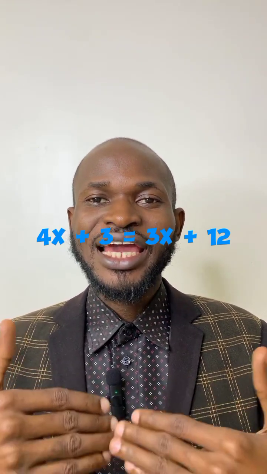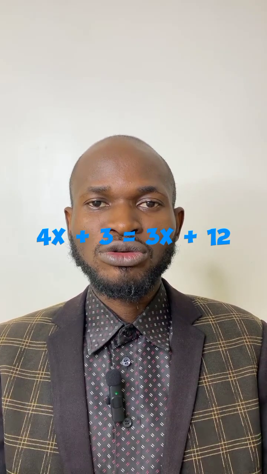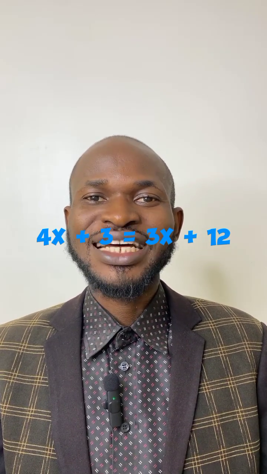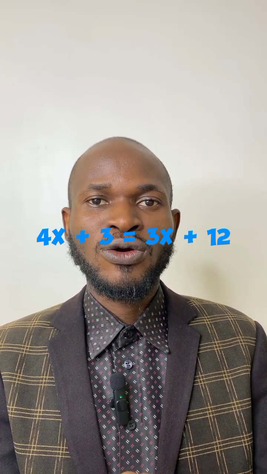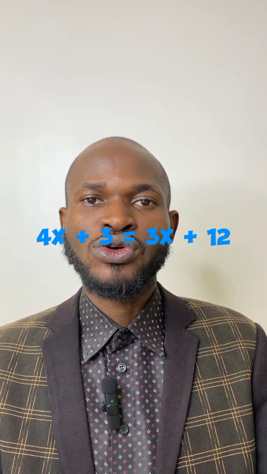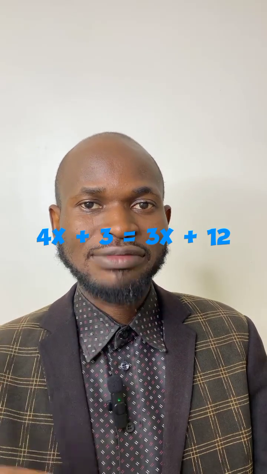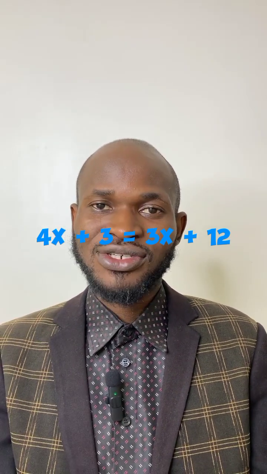So when I say collect like terms, what I mean is bring the numbers that have likeness close to each other, bound by a mathematical operation, for us to move to the next mathematical statement. That is what I mean by collecting like terms.